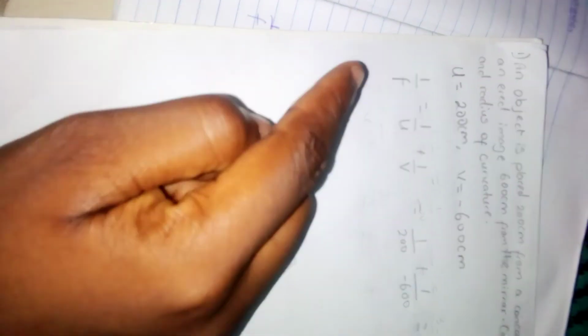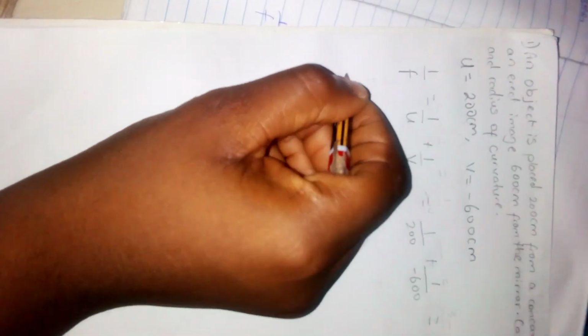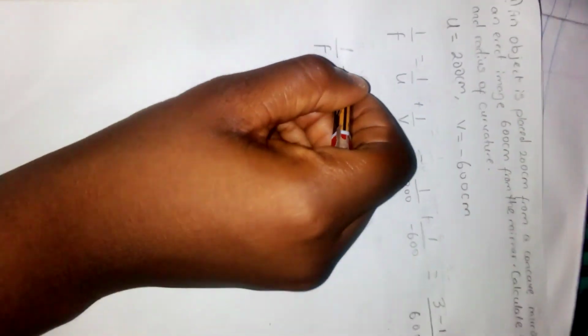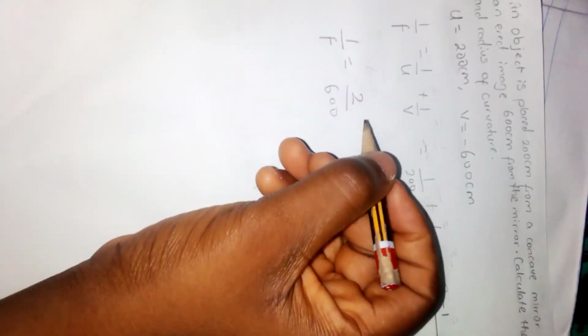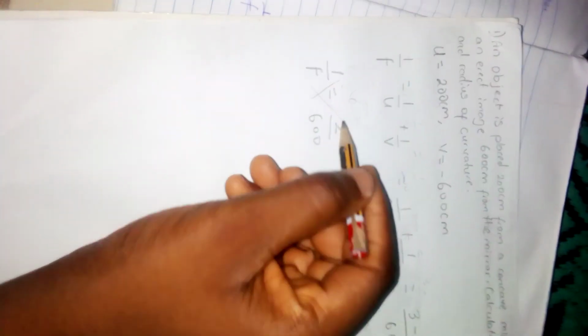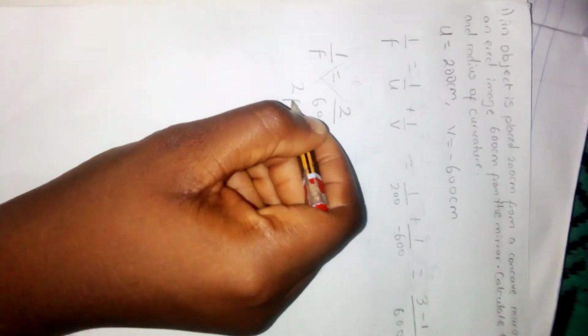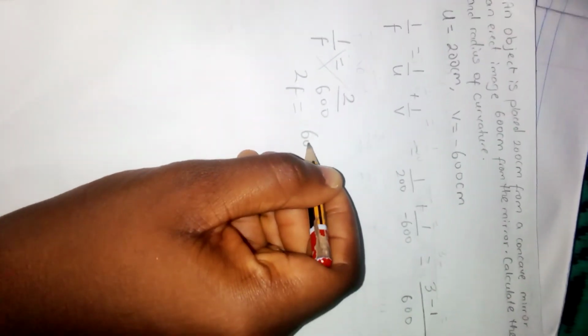This is not really your final answer, because this gives you the reciprocal of the focal length. So 1 over F equals 2 over 600. Cross multiply, that gives you 2F equals 600. Then divide both sides by 2.